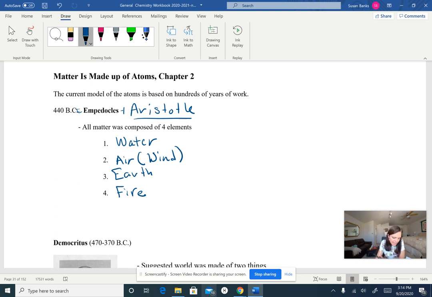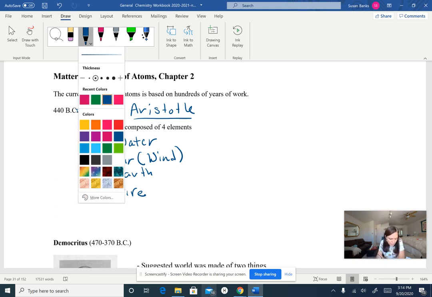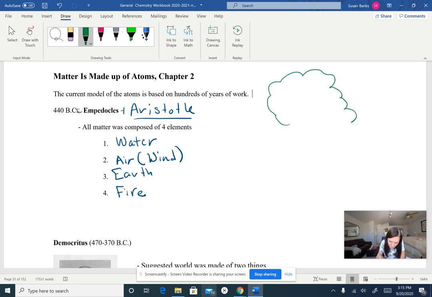So back in the day, when they really only had nature to observe, they didn't have microscopes or any fancy scientific equipment like we have now. This is where they came up with this idea. So Aristotle noticed trees and other plant life growing around in Greece.